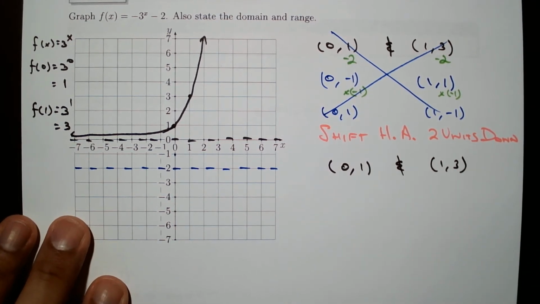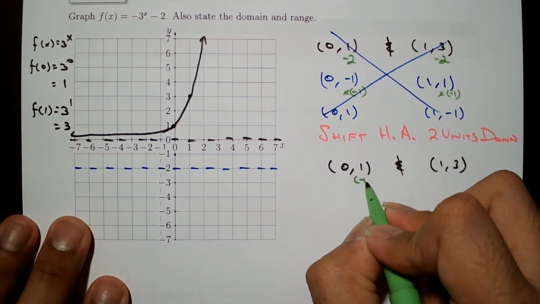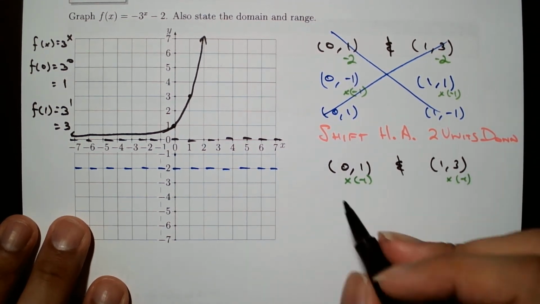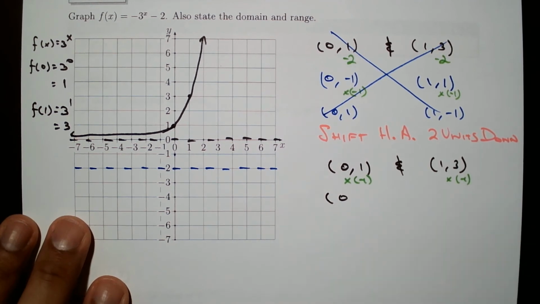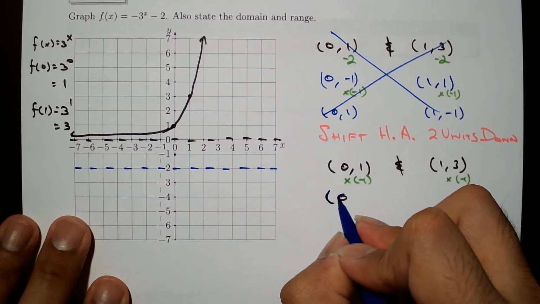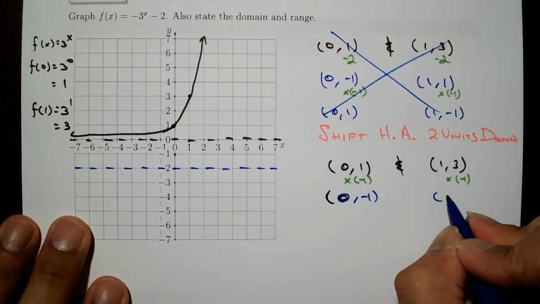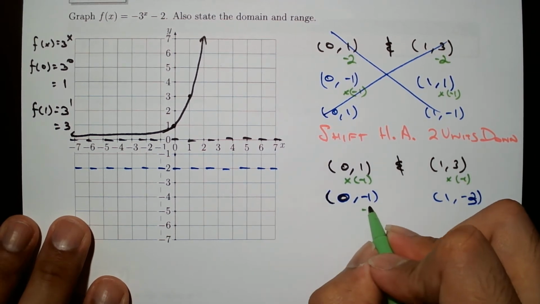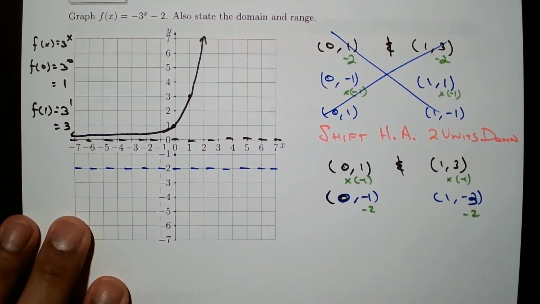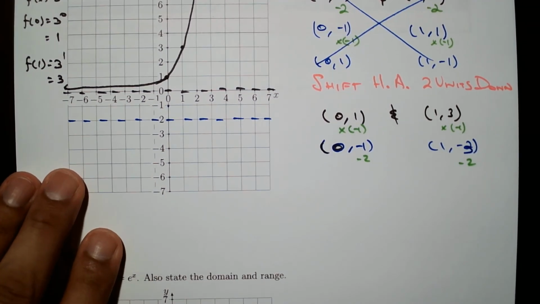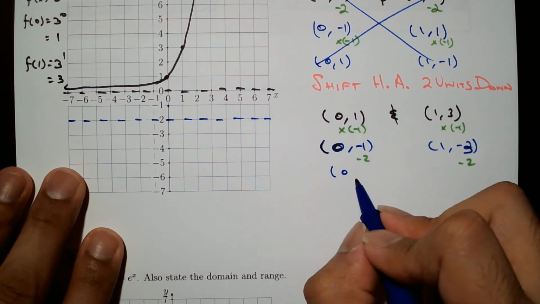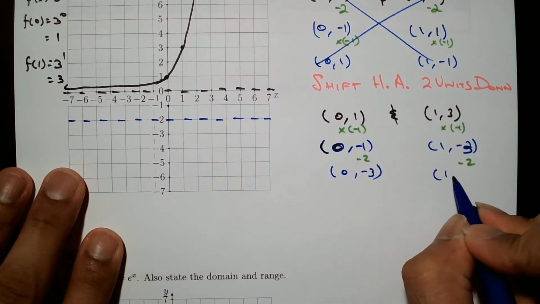So reflection by multiplying by negative 1 first, and I'm going to get (0, -1) and (1, -3). Then I'm going to subtract 2 from each of the y values to get (0, -3) and (1, -5).